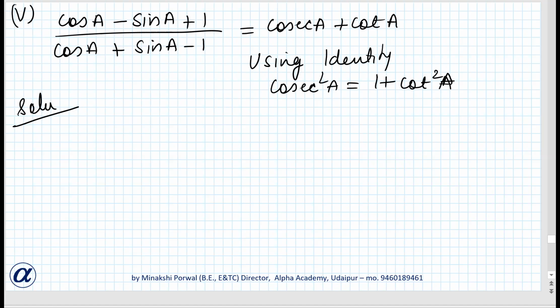I'm using identities. Which identity? How will you convert cos and sin, LHS, into cosec and cot? Using that formula. What formula?